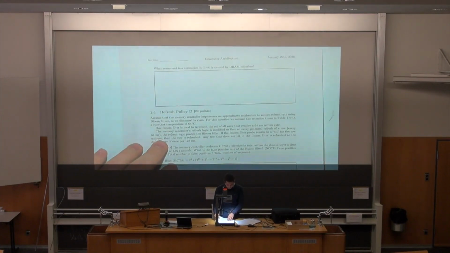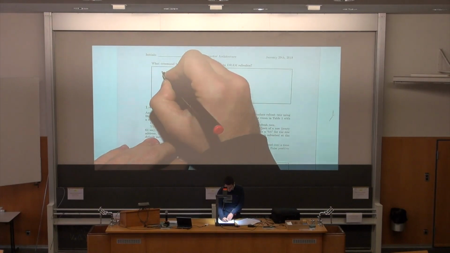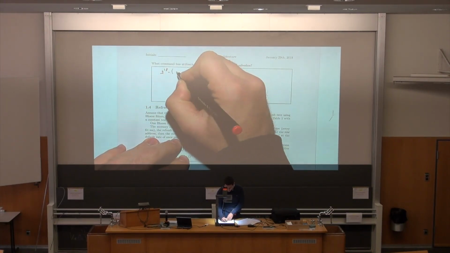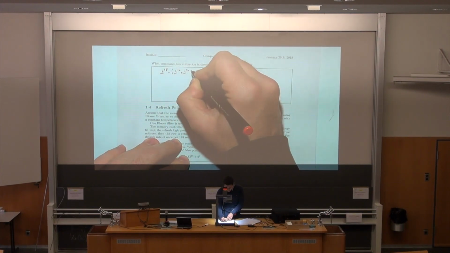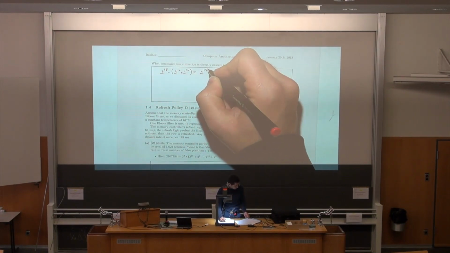The number of rows left here is 2 to the 18 minus 2 to the 16 plus 2 to the 16. And this will be, I believe, 2 to the 17.